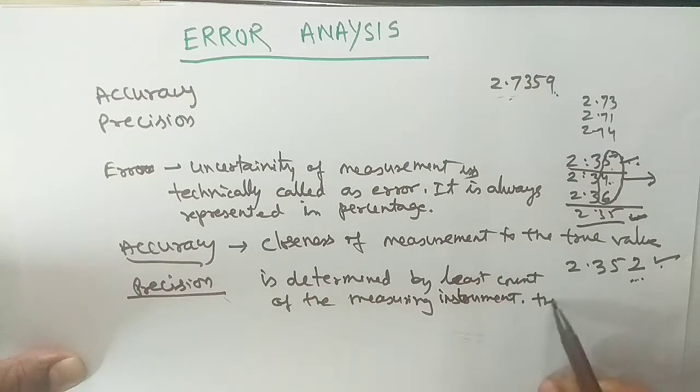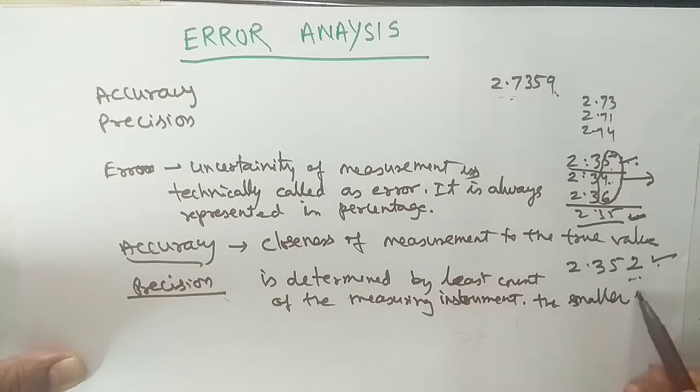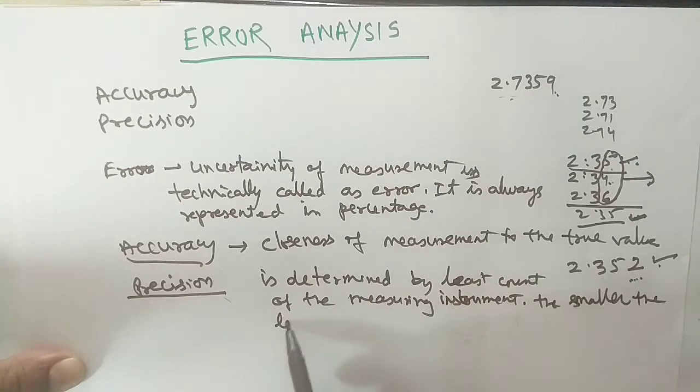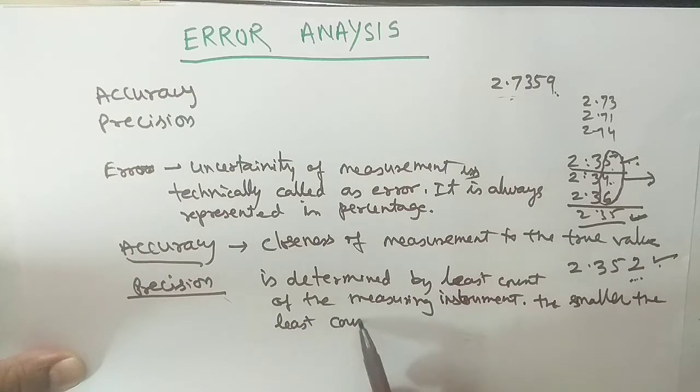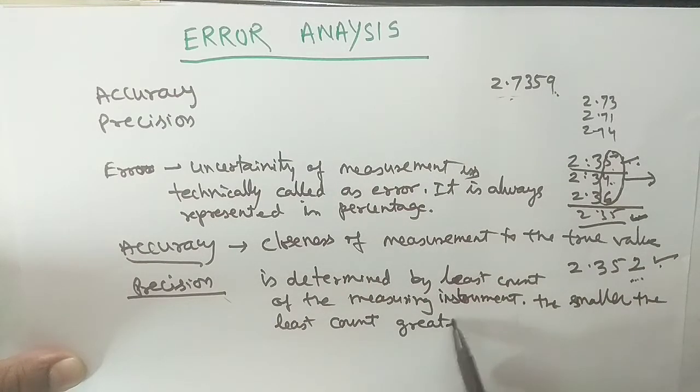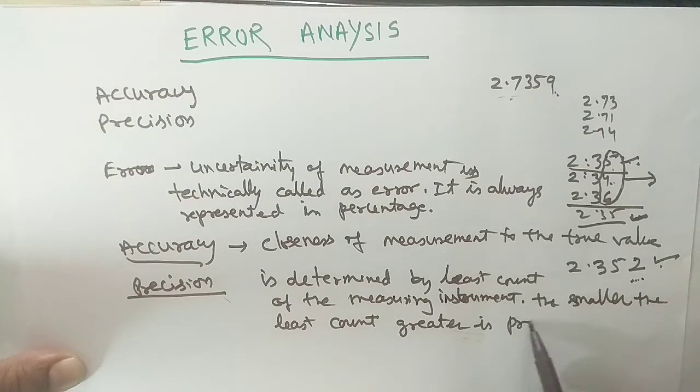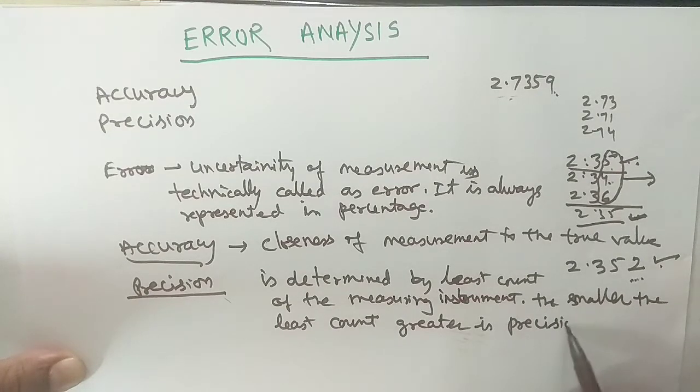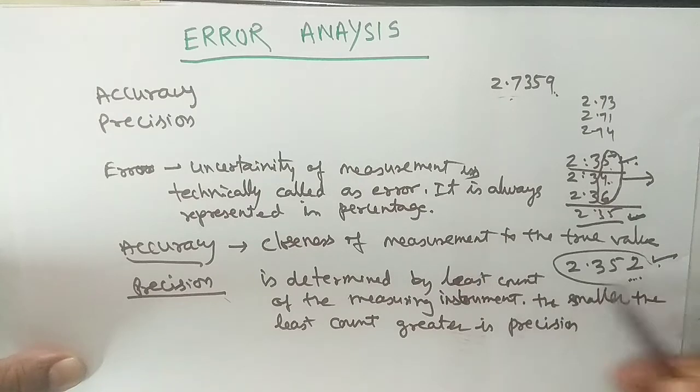The smaller the least count, the greater is the precision. So what is the least count here?